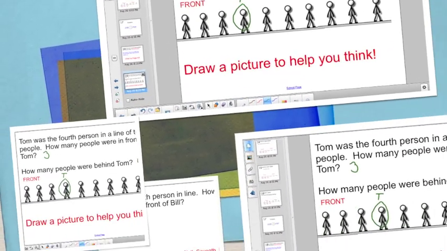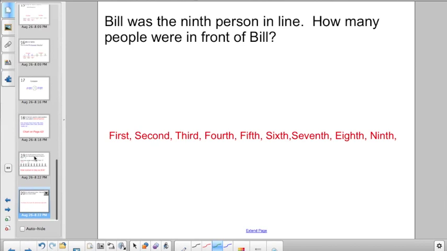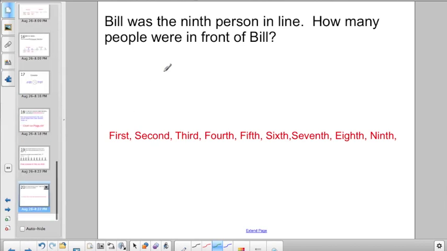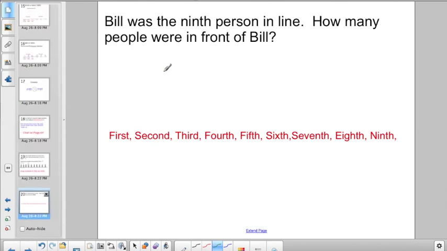And about the last one I think I want to talk about today. I had a kid years ago who just freaked out over a problem like this. It says, Bill was the 9th person in line. How many people were in front of Bill? And this former student of mine was insistent that he could not figure this out because he did not know how many people were in line. So, Bill's 9th, right?